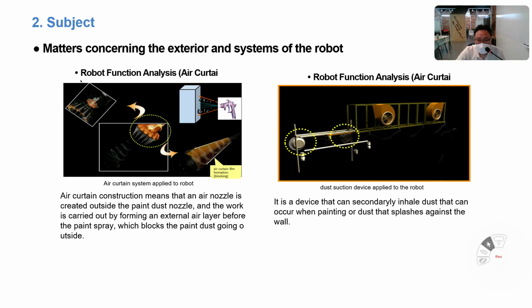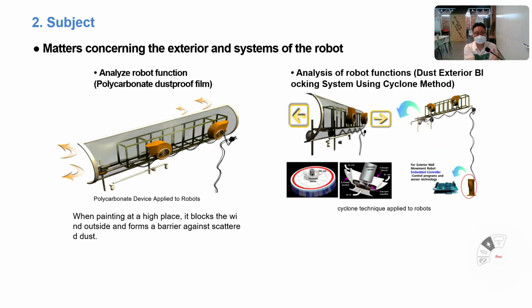The right picture is a device that can secondarily inhale dust that can occur when painting or dust splashes against the wall. Polycarbonate devices applied to robot, and cyclone techniques applied to the robot. When painting at a high place, it blocks the wind outside and forms a barrier against the second dust.